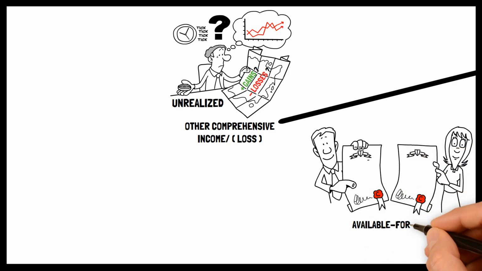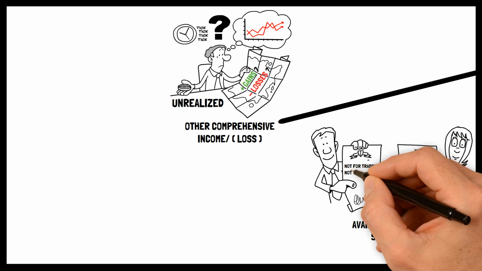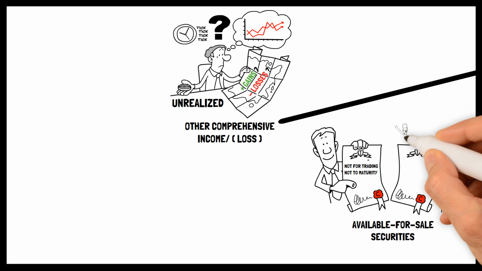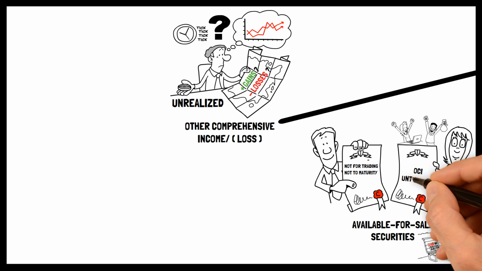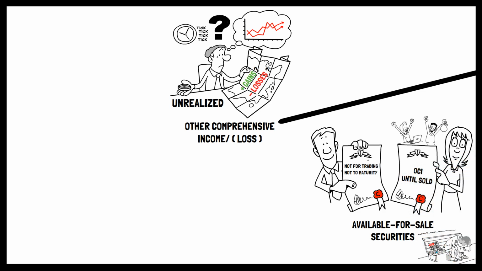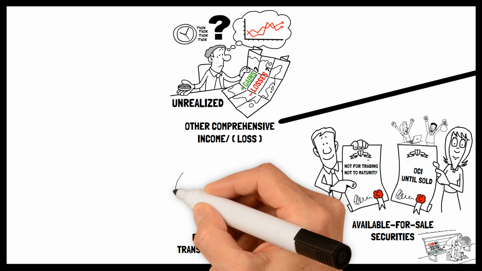Available for sale securities are investments that are not held for trading purposes and are not intended to be held to maturity. Any unrealized gains or losses on these investments are recognized in OCI until they are sold, at which point they are included in the net income of the company. 2. Foreign currency translation adjustments.